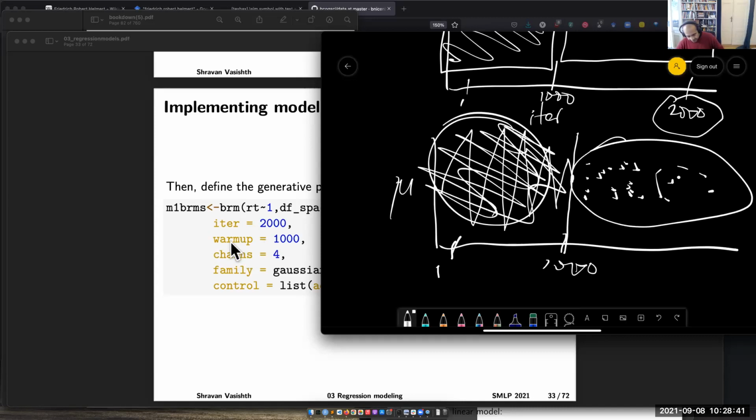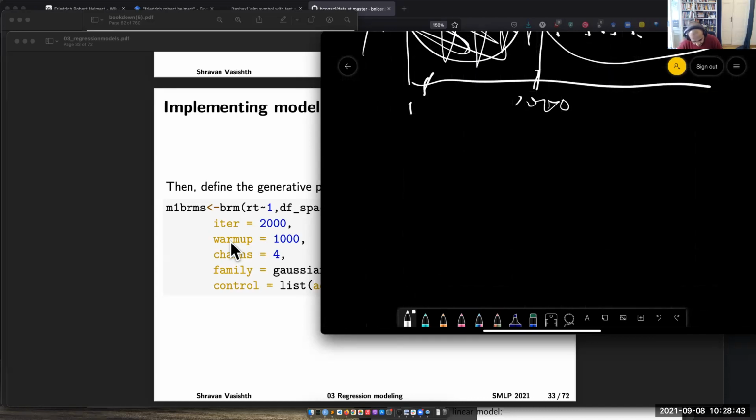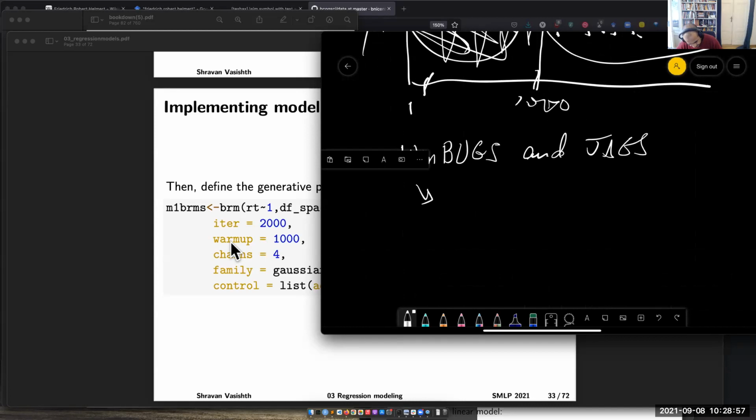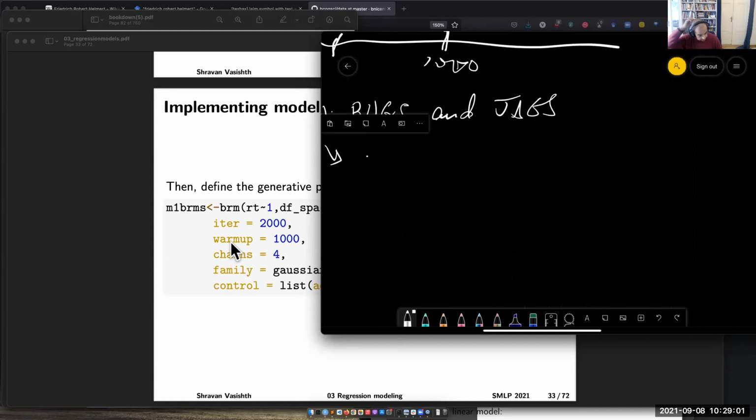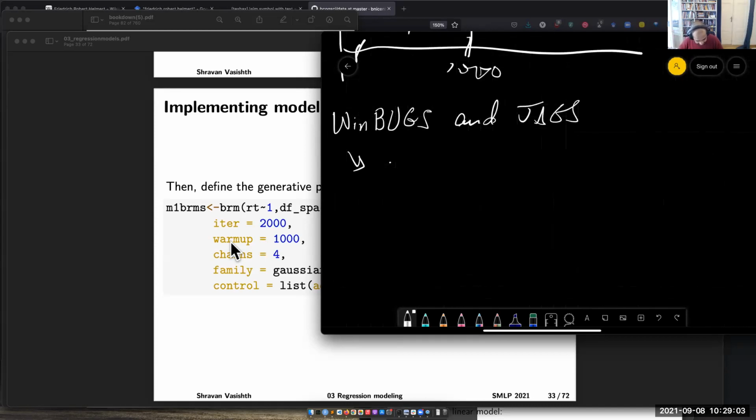Now, in the old days, before Stan came up, there was this other software called WinBugs, and JAGS came after this, right? In these pieces of software, the name for warm-up there is, what is the word? Burn-in, right?